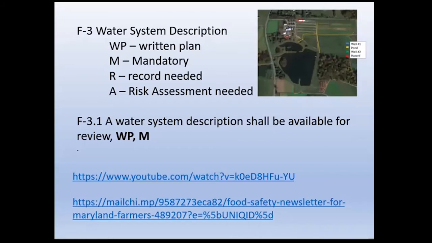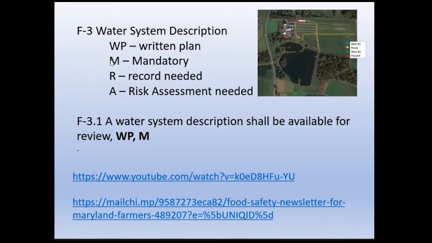Now, just to review what Angela said last week and Molly said a few weeks before, we have some little hieroglyphics here that tell you just exactly what your obligation with each section is going to be. WP indicates that a written plan is necessary.